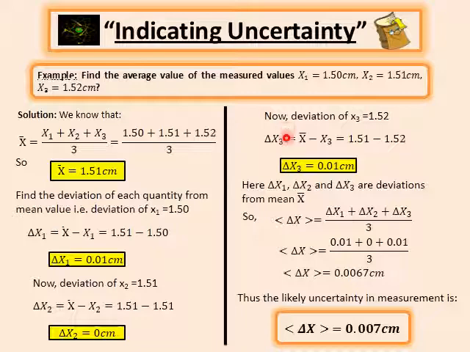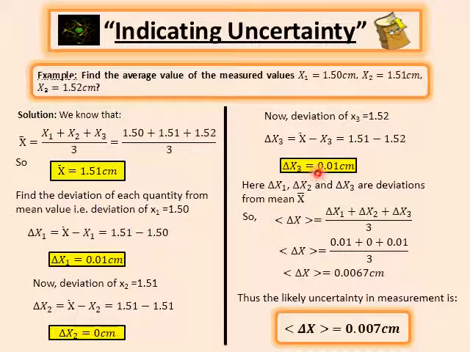So now here we are going to find delta x3. The deviation of x3, the value of x3 is 1.52. So the formula is similar to that for delta x1 and delta x2. The delta x3 is equal to mean value of x minus x3. So 1.51 minus 1.52.